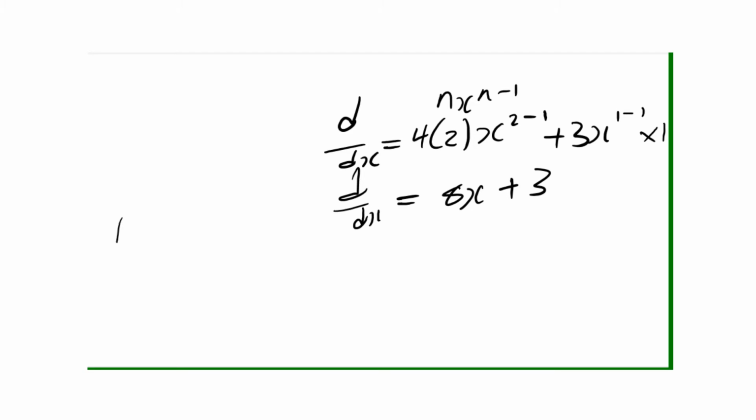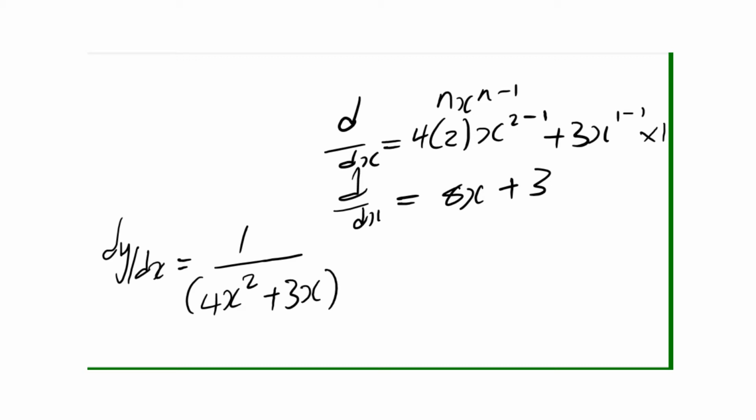So to find your dy over dx will be equal to 1 over, remember we got 1 over 4x squared plus 3x, multiplied by your d over dx, which is this one here.